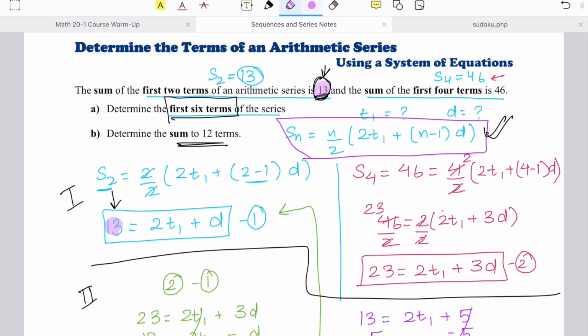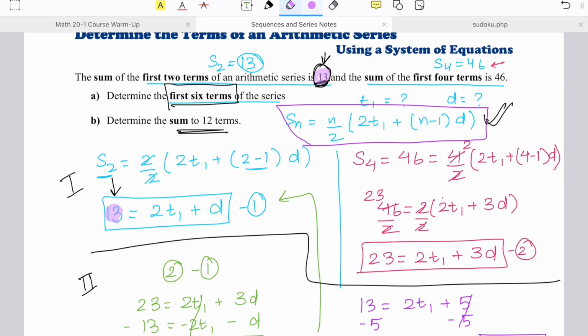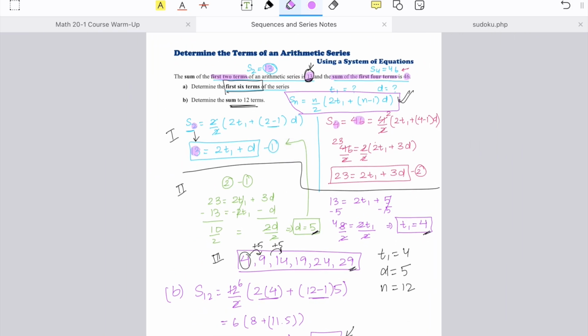That's the other formula, isn't it? It's not a formula. The sum of the first 4 terms, S4, is 46. And the sum of 2 terms is 13. So when I was doing S2, I replaced it by 13. Okay, for the final answer, 378. Does that make sense?